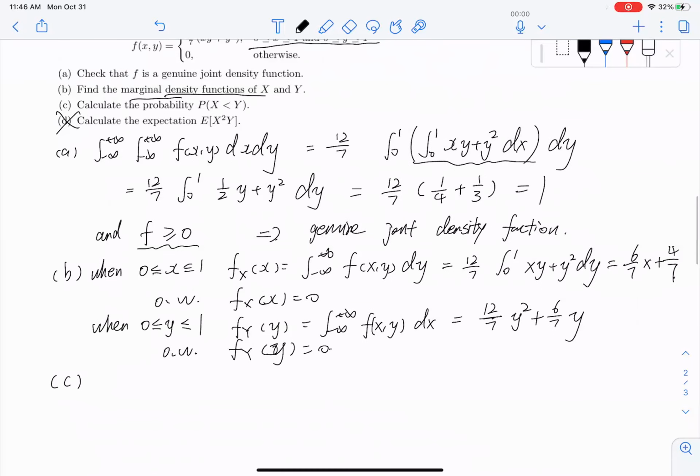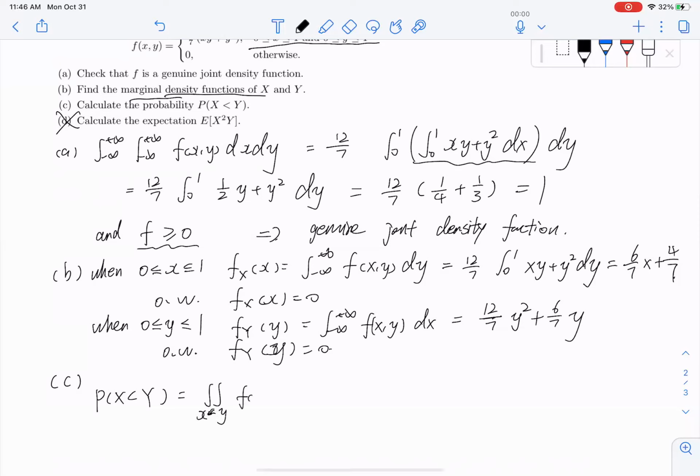Part C, let me have more space. Okay, find the probability P(X less than Y). So now x and y are both random variables, and we take the inequality between them. Here we want to take the integration of the joint density function over the region where x is less than y.